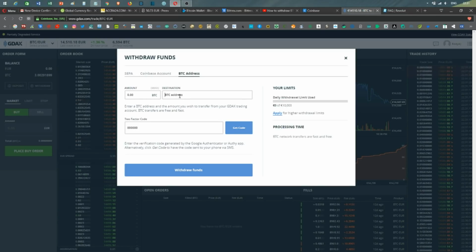Well, I've been sending funds to other exchanges like Bittrex, for instance, instantly. You just specify your BTC Bittrex address here, or the BTC wallet that you have on Bittrex, which means another exchange. So you can be withdrawing to an exchange.